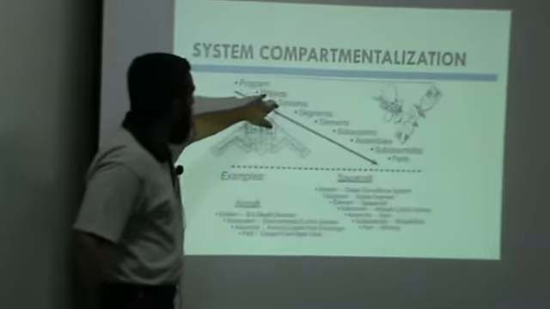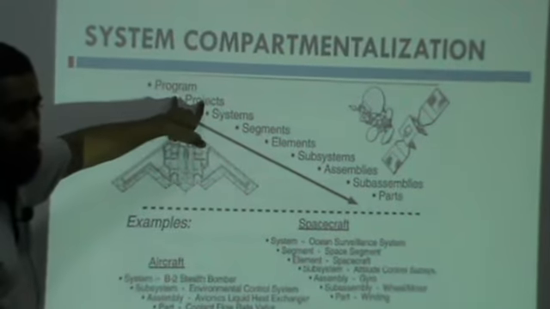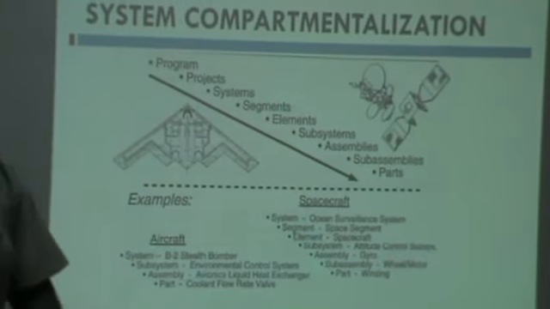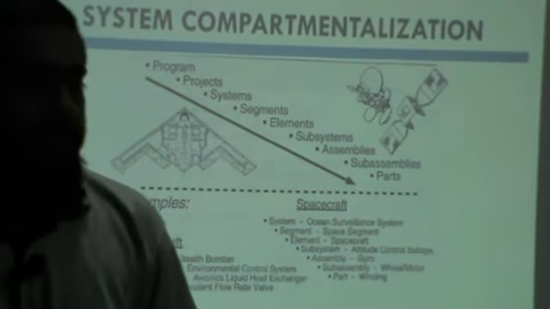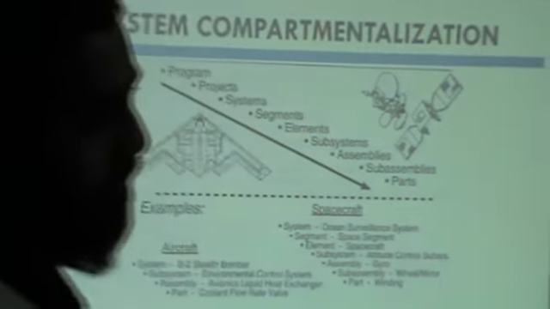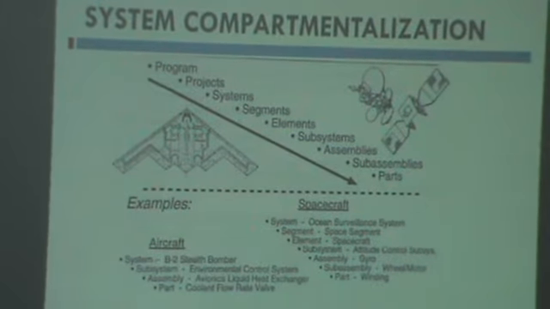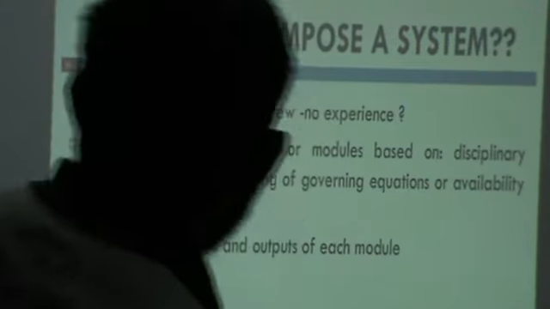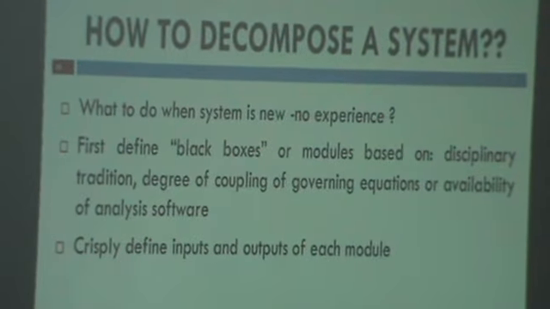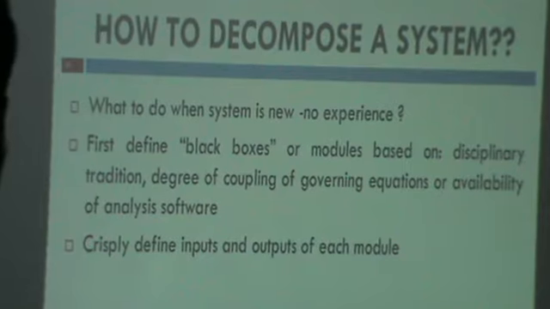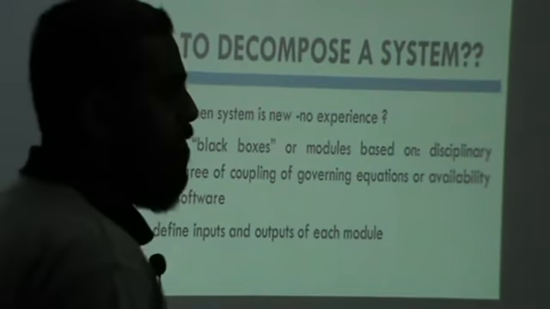We are not talking about the optimization of projects and of course not talking about optimization of the programs. एक प्रोग्राम में बहुत सारे प्रोजेक्ट्स भी हो सकते हैं, but we are talking about systems level तक हम बात कर रहे हैं. So how to decompose a system? You have to define crisply inputs and outputs of each module.